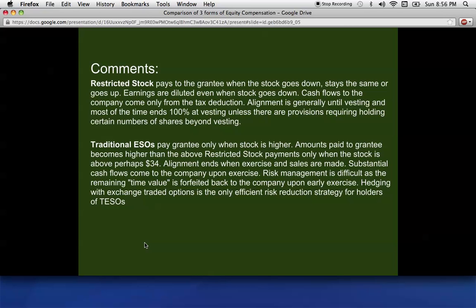Risk management is difficult as the remaining time value is forfeited back to the company upon early exercise. Hedging with exchange-traded options is the only efficient risk reduction strategy for holding of TSOs under these circumstances. And of course, the companies and the wealth managers don't want them to hedge for various reasons.